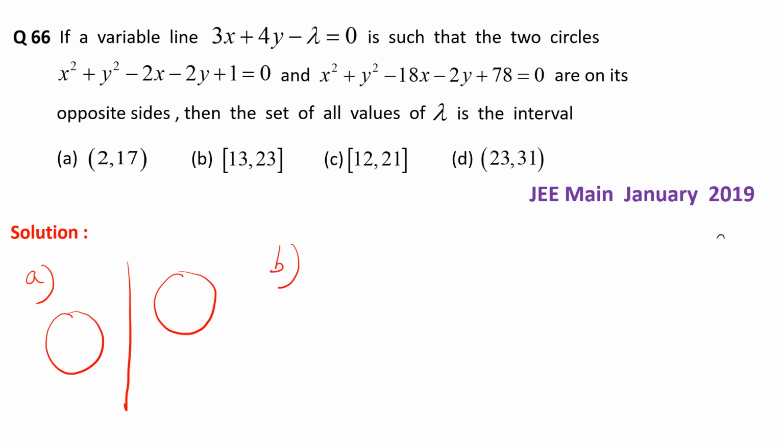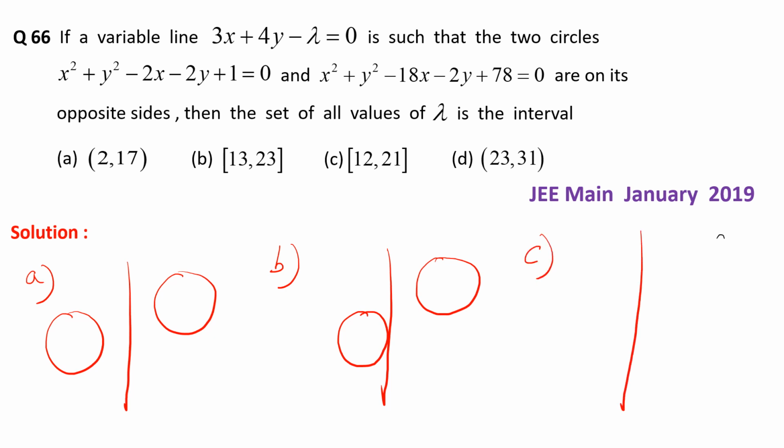The second situation can be when one of the circles is touching the given straight line and the other circle lies on the opposite side but not touching the given straight line. And the third possibility can be when both of these circles are lying on the opposite sides of the given line and they are also touching the given straight line. Right? Now students, we move further.